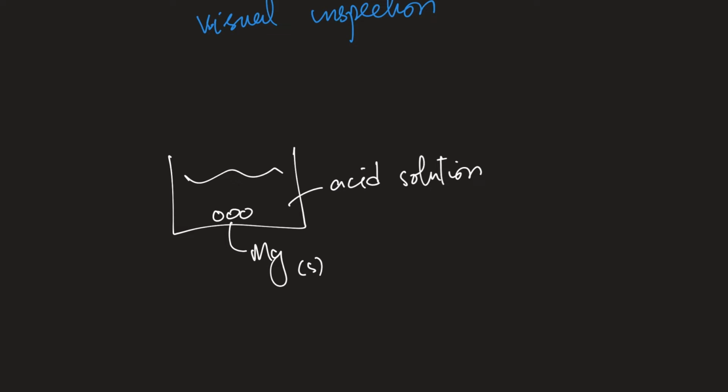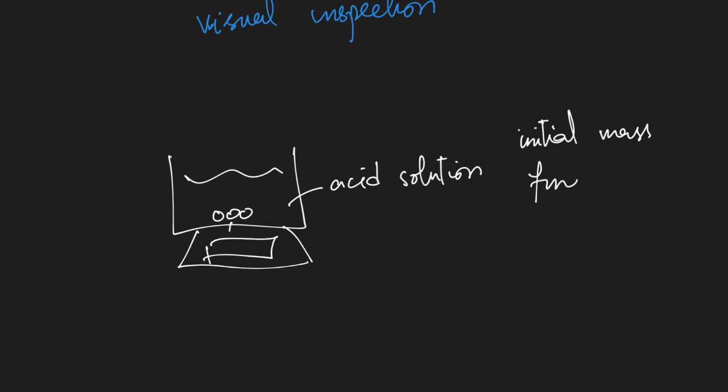Magnesium, when it reacts with acid, will release gas. That gas, if you allow it to escape, then the change that you can measure is the change in mass. So what you can do is take this and put it on a balance, and measure the initial mass before this happens and the final mass.